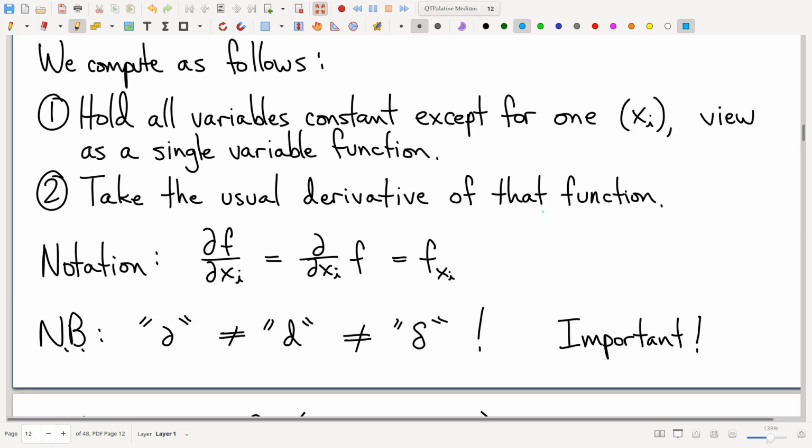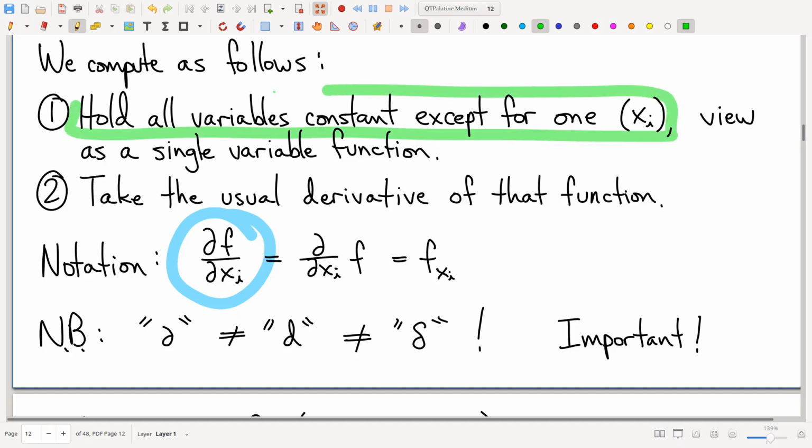Okay, so a little bit of notation. We just have to get this done. That is probably the most common standard notation for a partial derivative. It looks a lot like Leibniz notation for single variable derivatives, right? But because, very importantly, we're doing this weird move where we're just pretending that a bunch of the variables are constants, that's make-believe nonsense.